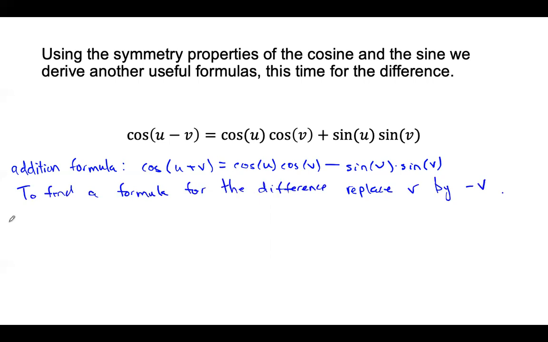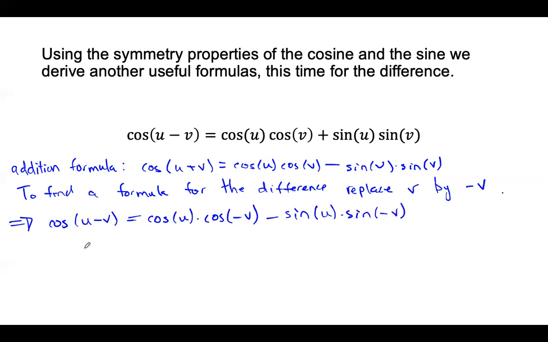That's it. So this implies cos of u minus v is equal to cos of u times cos of negative v minus sine of u times sine of negative v.